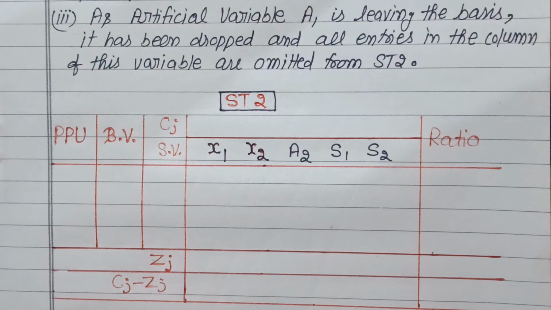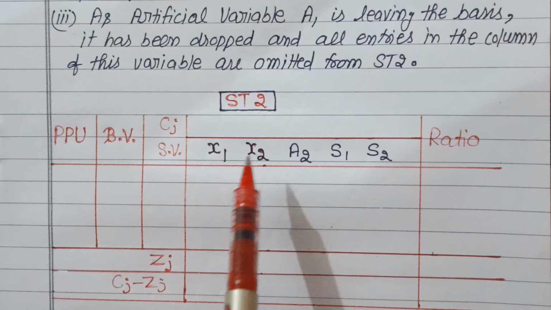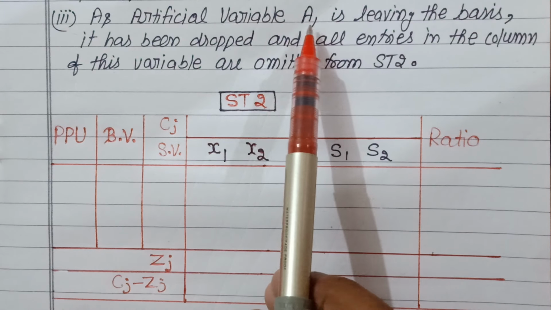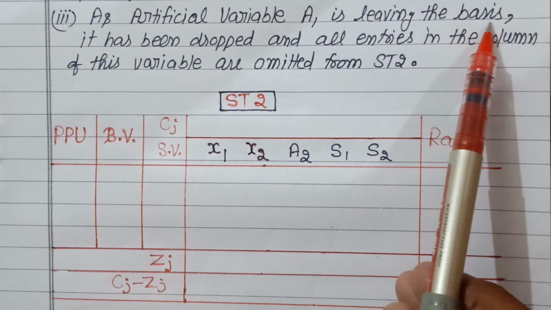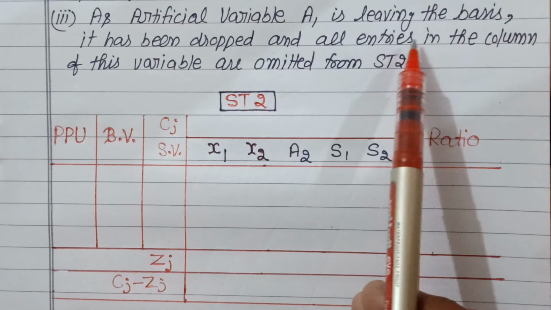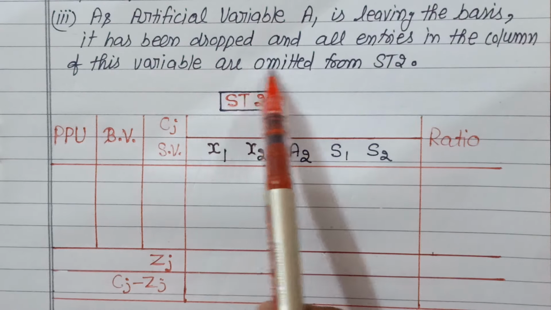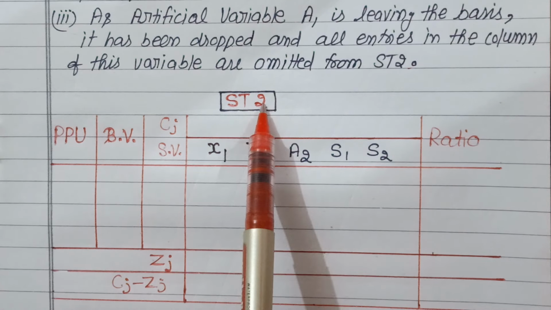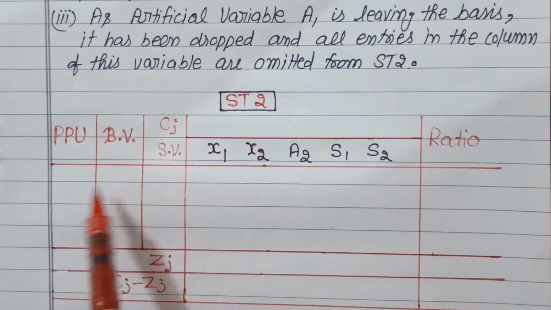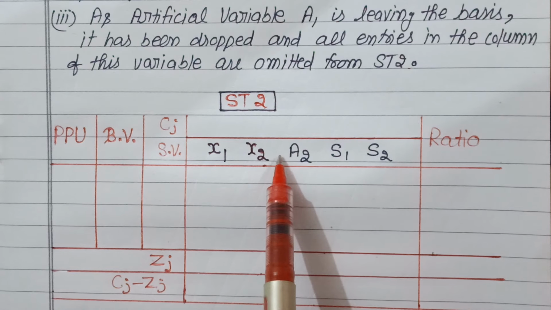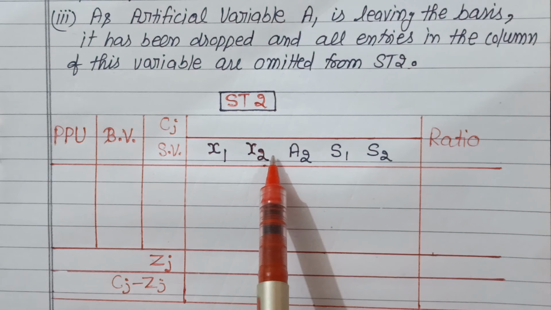Now the one important thing you have to remember in the Big M method is that as artificial variable A1 is the leaving element from the basis, it has to be dropped, and all entries in the column of this variable are omitted from simplex table 2. So here in simplex table 2, you will see that as A1 has been dropped, there is no column here for A1. Okay, so this is the difference between the simplex method and the Big M method.